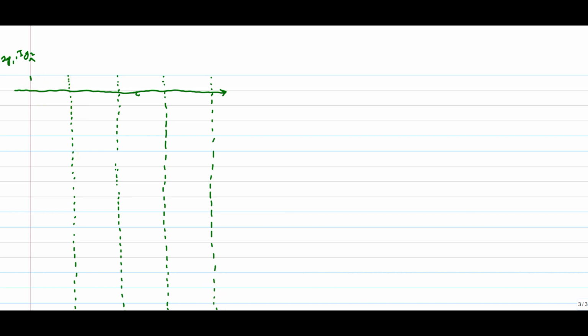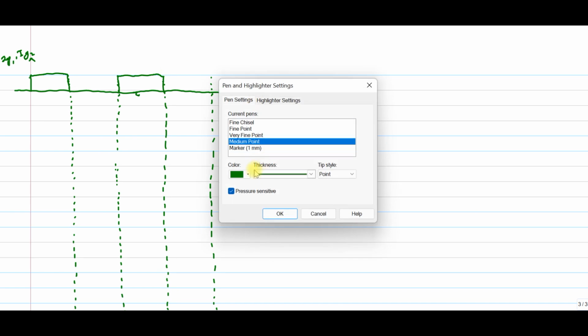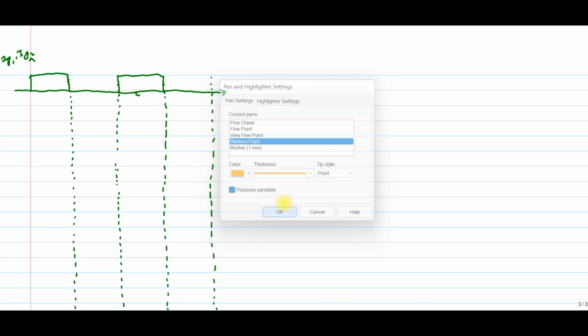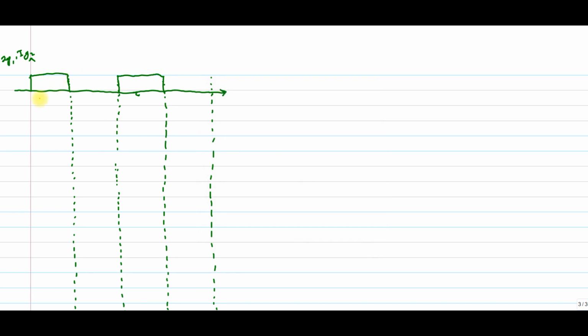So first I am giving gate pulses to T1. After that I am making it off and then on. So it is very simple. I can show you. Yes, here T1 and T2 are on. Here T3 and T4 are on.